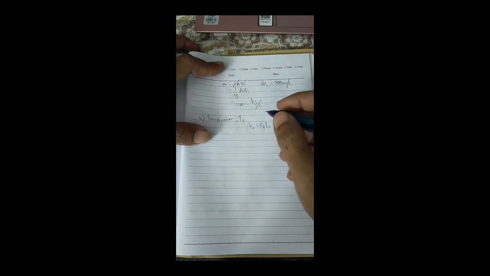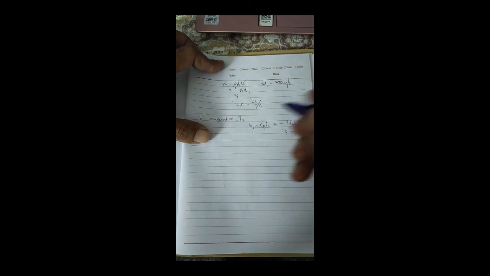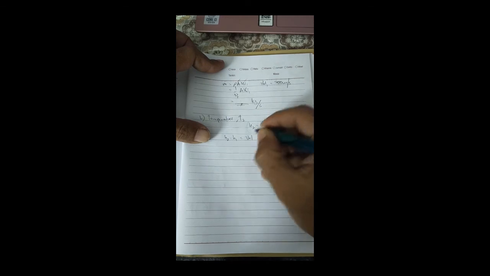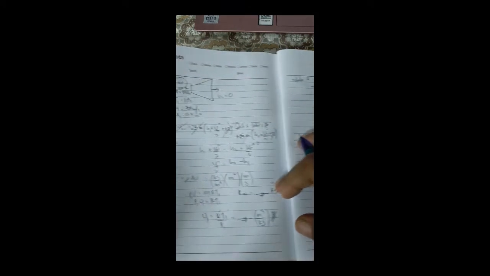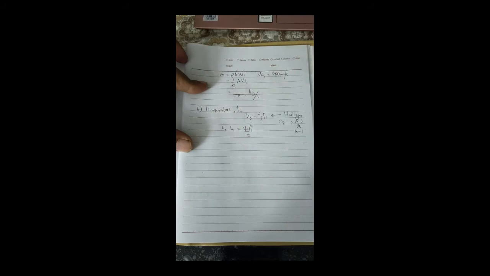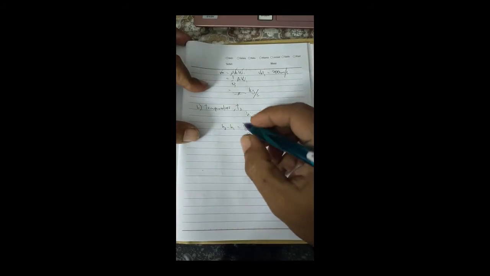So from the general equation we have from last time, H2 minus H1 is equal to V1 squared over 2 minus V2 squared over 2.